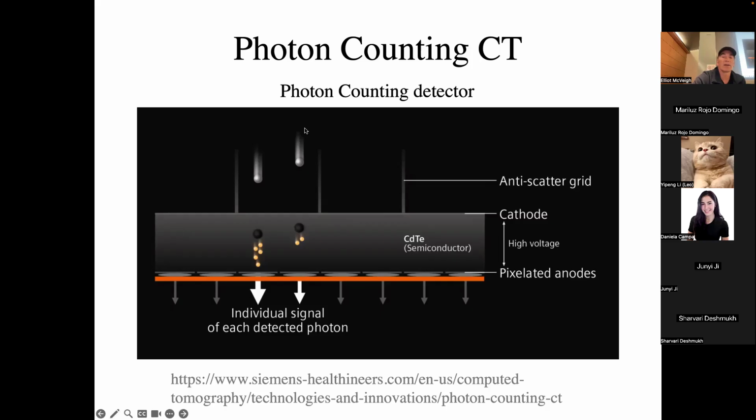If the number of X-rays gets overwhelmingly large, such that instead of a nice interaction with a shower of electrons, I have 50 of them, then the charge piles up on the anode and it just can't detect anymore. It gets saturated.